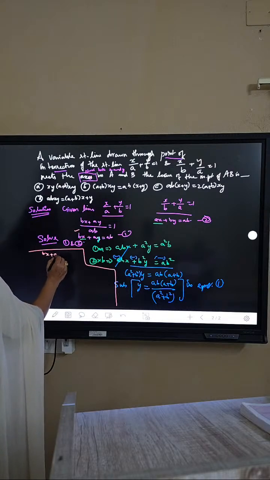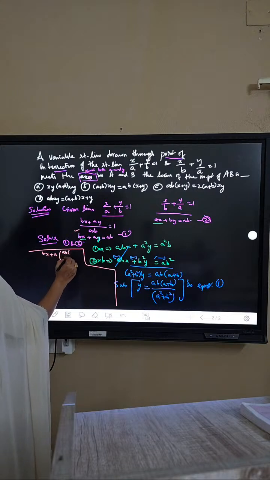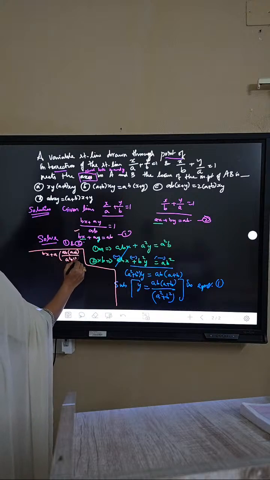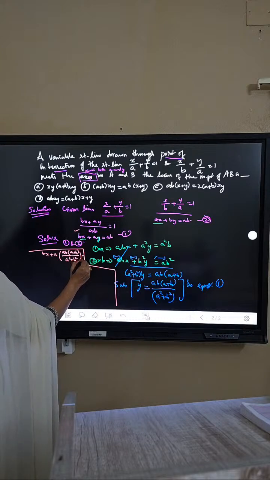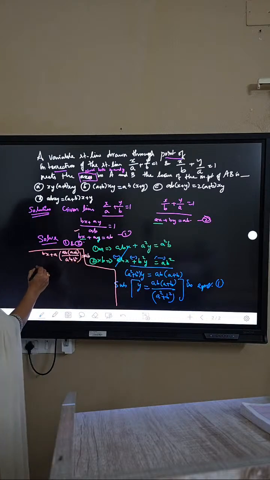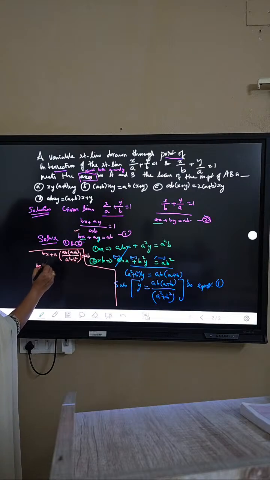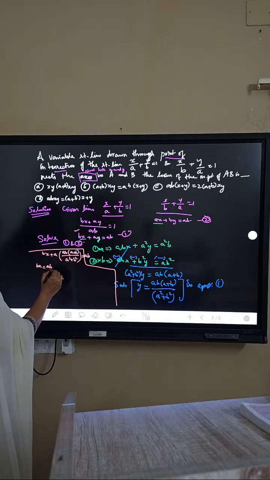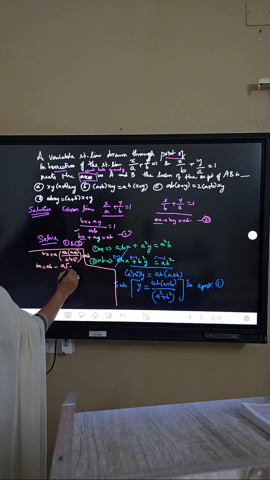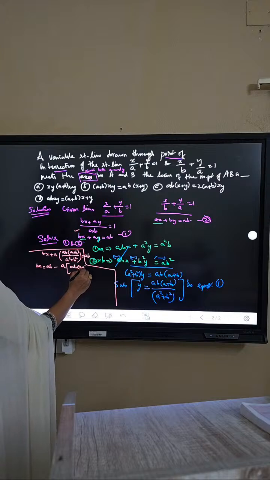So a into ab into a plus b by a square plus b square, that is equal to ab. Then what is x here? bx. You can keep bx alone here and bring all the terms to the right side. So ab minus a into ab into a plus b by a square plus b square.